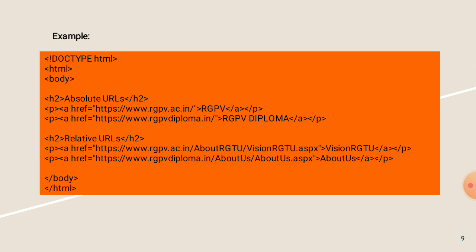Also we declare a relative URL heading, h2 as relative URL, then a paragraph with href http://www.rgpv.ac.in absolute, about RGPV, vision.aspx, vision, anchor tag close, paragraph close.